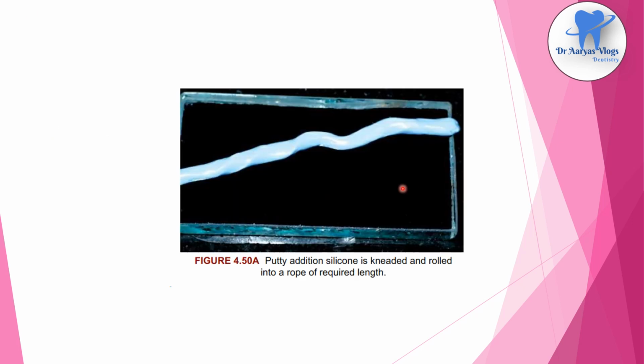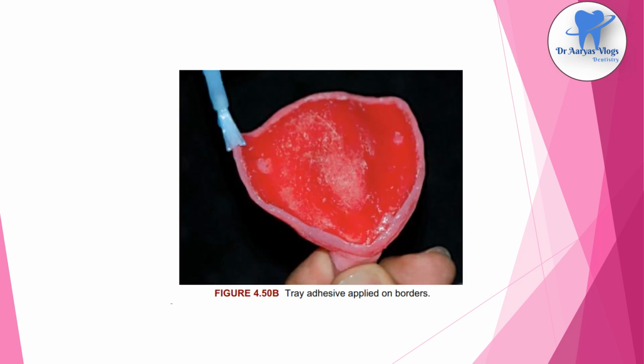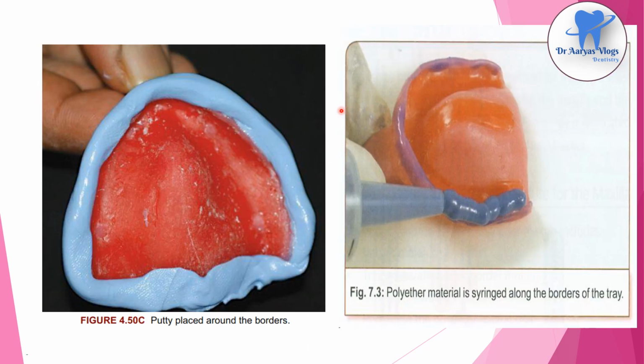And the steps involved in the single step border molding. Here this is the putty addition silicone, which is kneaded and rolled into a rope of required length. Here an adhesive is applied on the outer surfaces and the inner borders of the tray. And the putty material is placed around the borders.